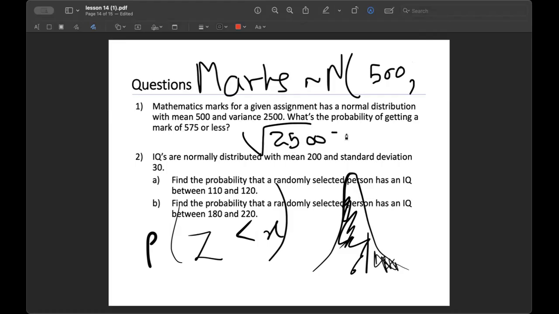What is the value? That is 50. So these marks follow a normal distribution with mean 500 and sigma 50.